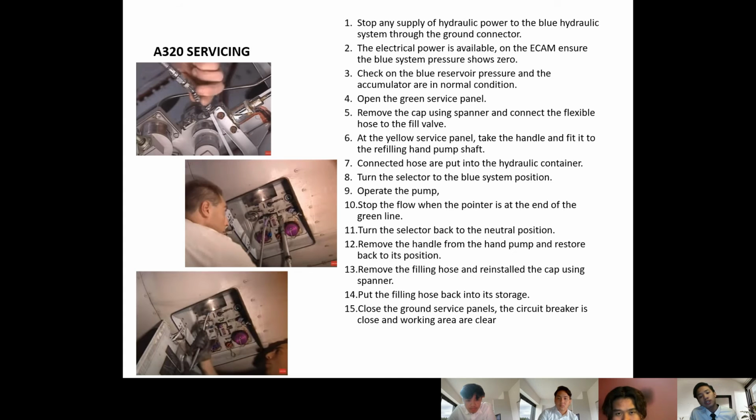Thirteen, remove the filling hose and reinstall the cap using a spanner. As you can see in the third picture, there is a panel that we are going to put back with the cap that we removed the first time. Fourteen, put the filling hose back into its storage. Fifteen, close the ground service panel. The circuit breaker is closed and the working area is clear.